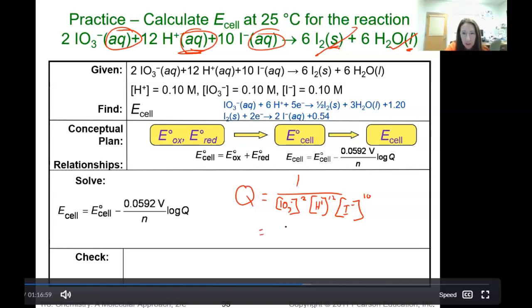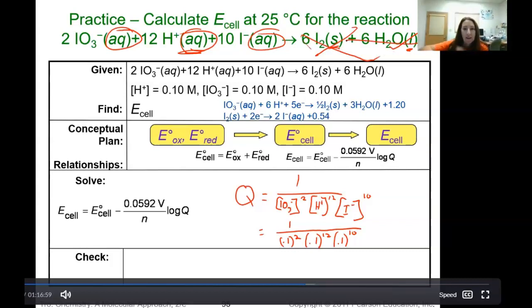So your Q ends up being 1 over 0.1 squared times 0.1 to the 12th times 0.1 to the 10th. That's your Q. Weirdest Q ever, but that's what your Q is, right? Because we have no product, so just 1 over all of those.